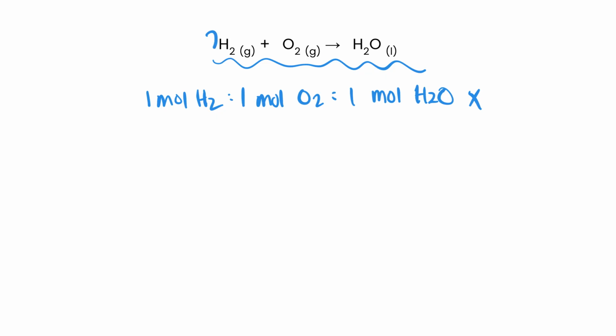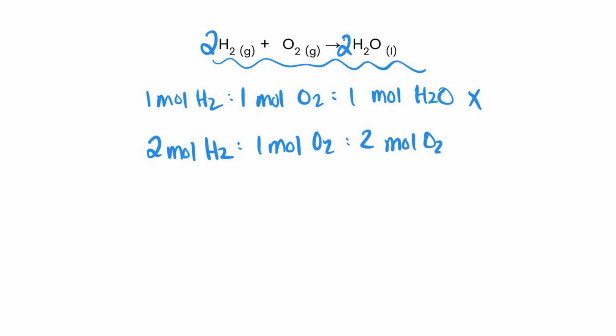But if we balance the equation with a 2 here and a 2 here, then we get the correct mole ratios. So 2 moles of hydrogen react with 1 mole of oxygen to produce 2 moles of water. The balanced chemical equation is where the mole ratios come from. If it's not balanced, you are not going to have the correct mole ratio.